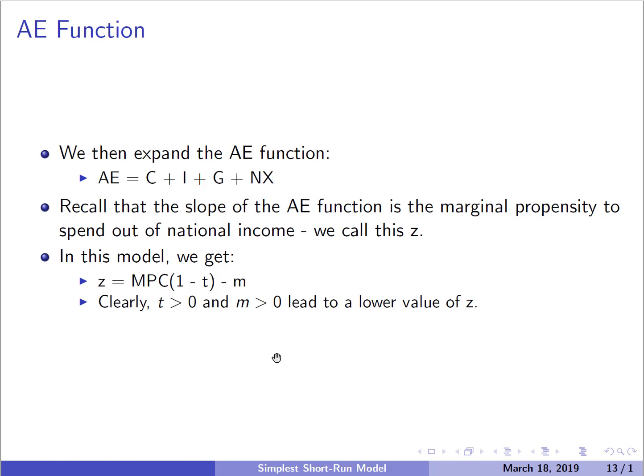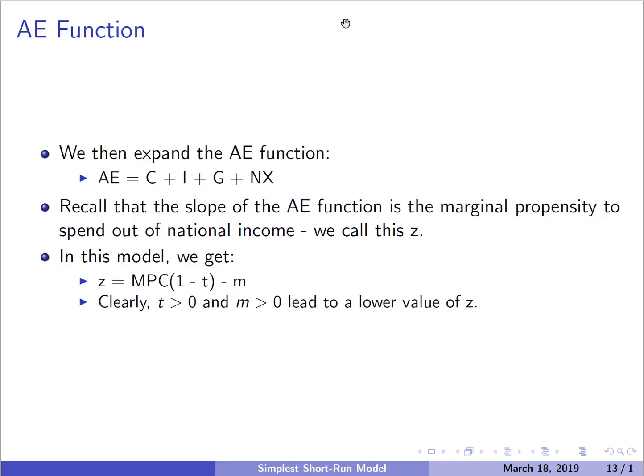M also, you have to have some positive marginal propensity to import. Because both of these things are greater than 0 but less than 1, our Z is actually getting smaller, which means the slope of our AE function is smaller now. So by adding taxes and imports, our AE function is getting less steep.